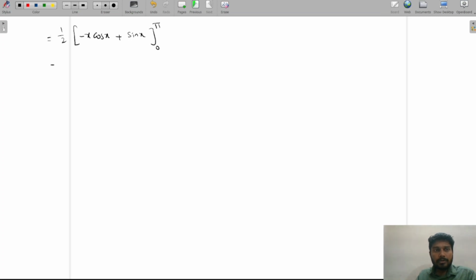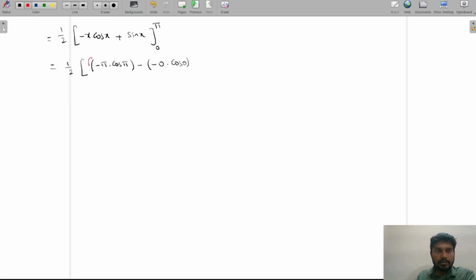Now substituting upper limit and lower limit, 1 by 2 of. Now substituting upper limit. See, I'm opening the bracket for upper limit and closing the bracket also. Upper limit: minus pi into cos pi. Wherever x is, I'm substituting the upper limit. Okay, upper limit is substituted, minus lower limit: minus 0 into cos 0. Lower limit also I substituted, right?